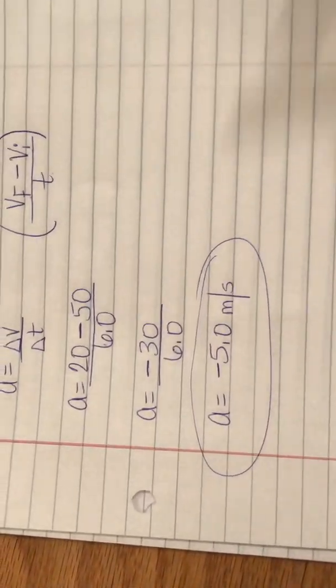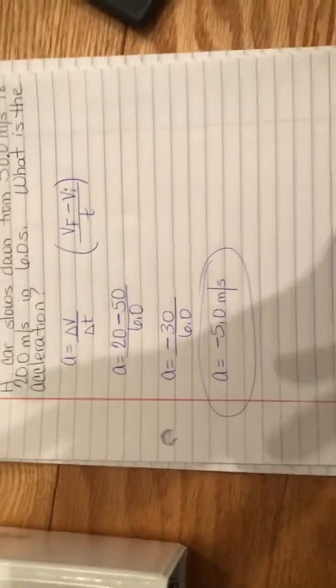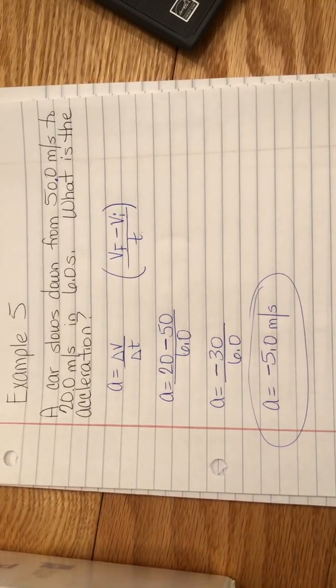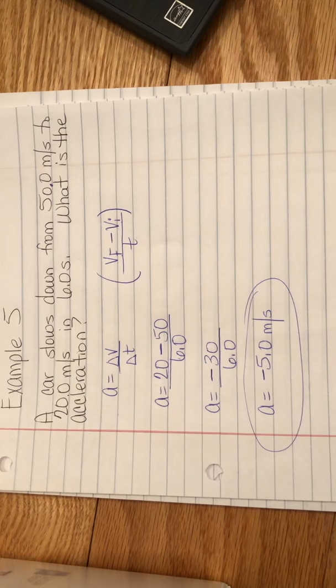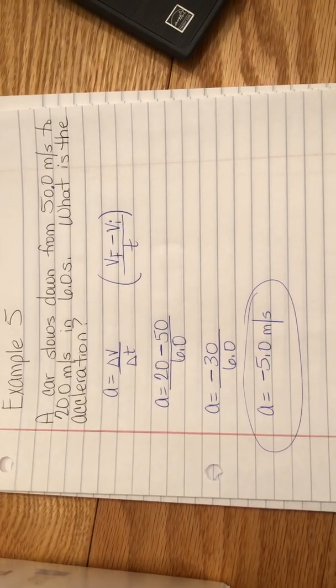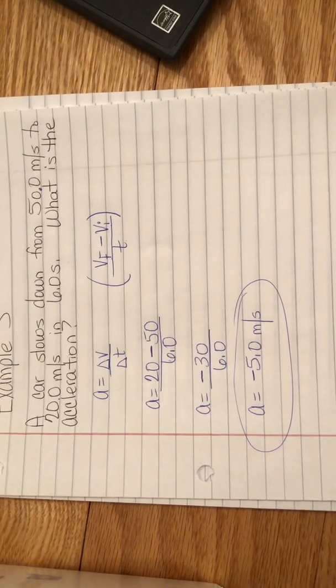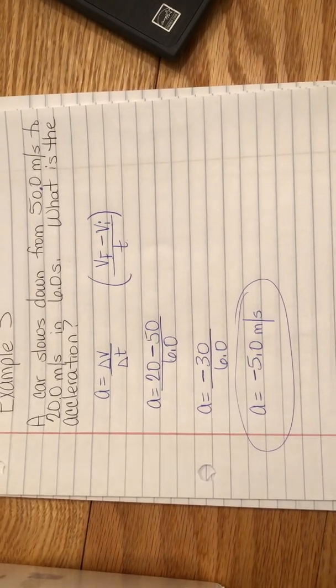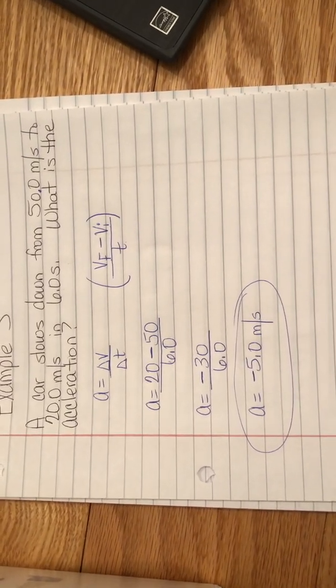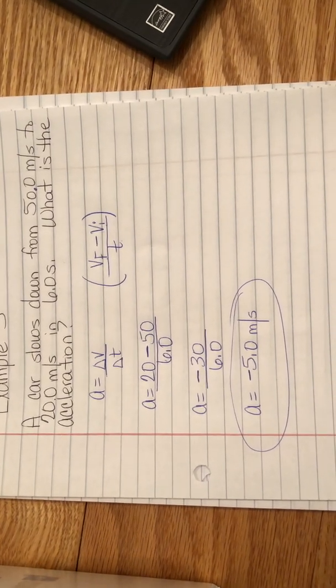Circle it. So in this case, it was acceleration in the negative. The car was going 50 meters per second. It slowed down to 20 meters per second over the course of 6 seconds. So it did accelerate. It was just negative acceleration, which is also called deceleration. You use the same formula to calculate that, okay?